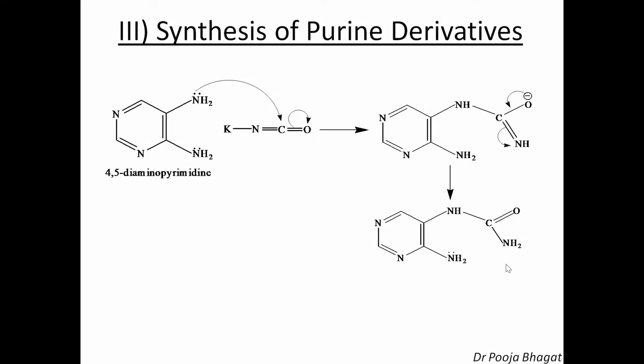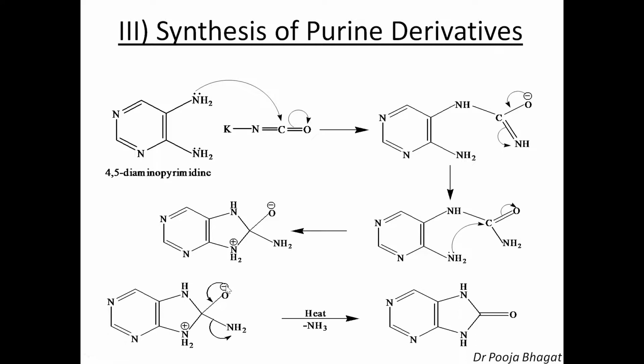Then the lone pair of electrons will move towards the carbon and the pi electrons towards oxygen. So what will you get? There is a bond between nitrogen and carbon, positive charge here, single bond and O having the negative charge. Then the negative charge will come back, NH2 goes out as NH2 negative, NH2 negative from here, H positive from here, so loss of ammonia, and there is a double bond here.